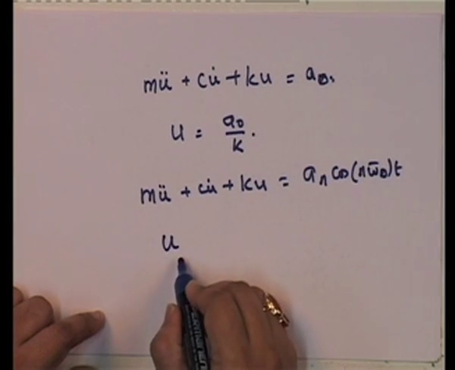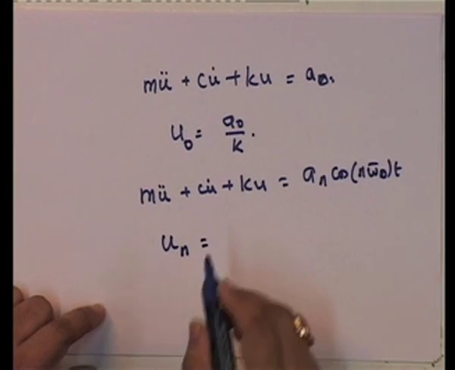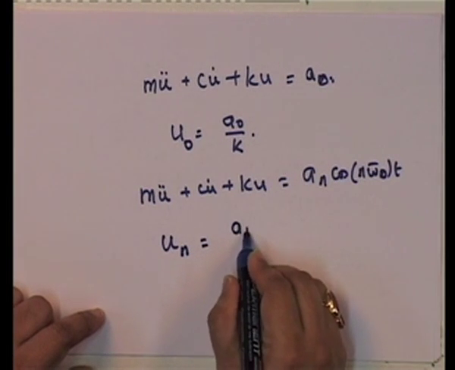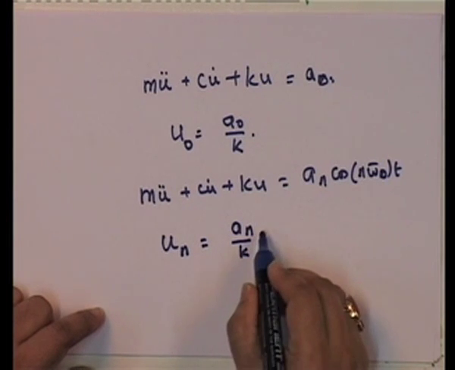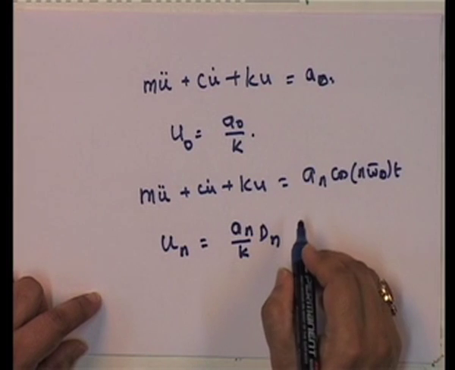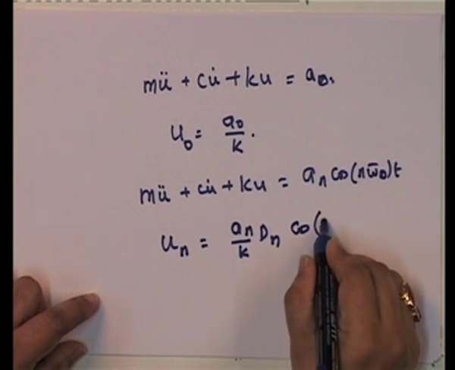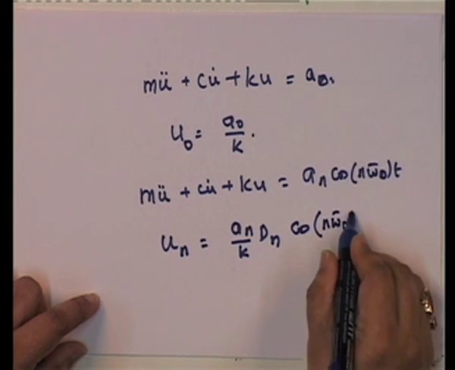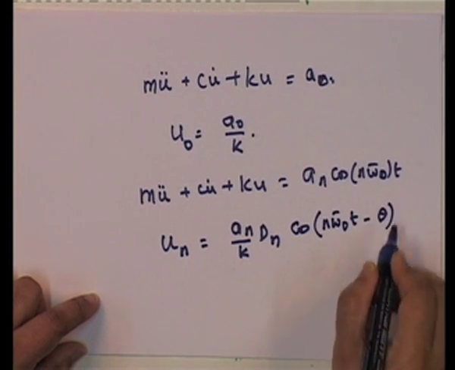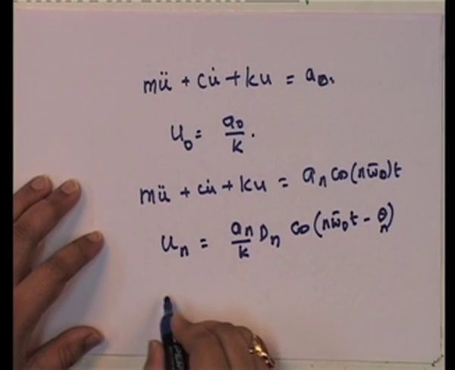U n is equal to A n upon k into d n, I will write out what d n is, into cosine n omega 0 t minus theta n. I know that. What is d n?